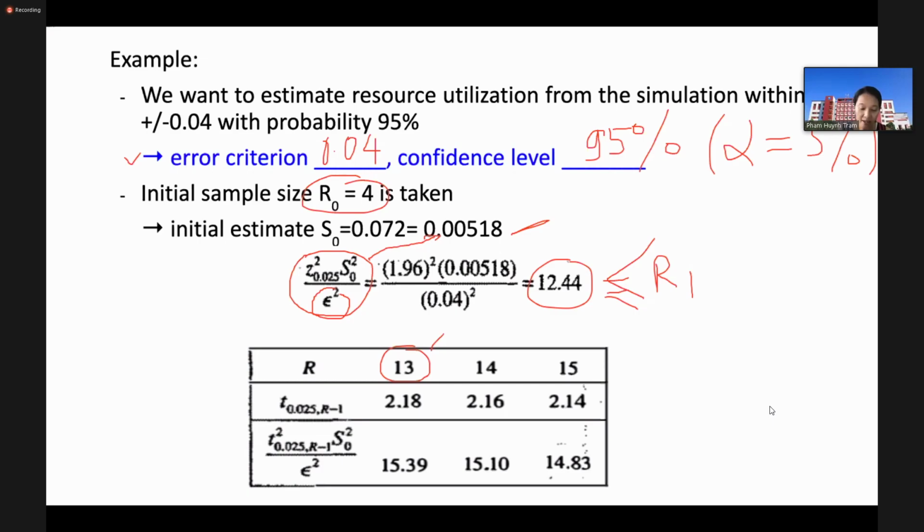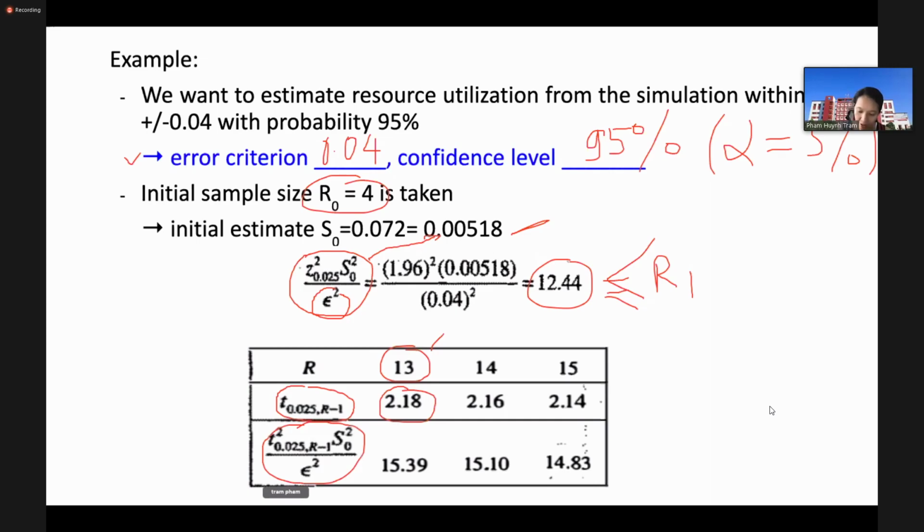This time, let's say you want to be more precise. Then you use the T value, and the T value for 13 is 2.18. We use this equation.